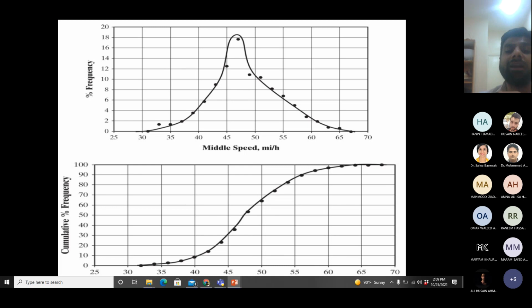Now you see the first graph. On the second graph, it's not so obvious, but in the first graph one thing is very obvious: the curve which you see here is not plotted by joining all the points. The curve which you see here is what we call a best fit curve or best fit line.